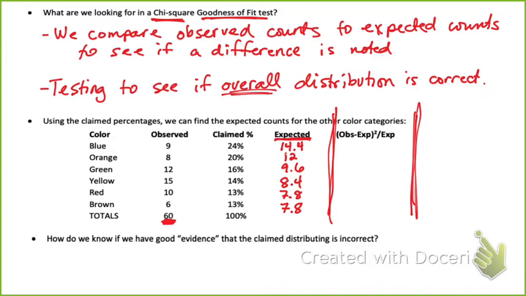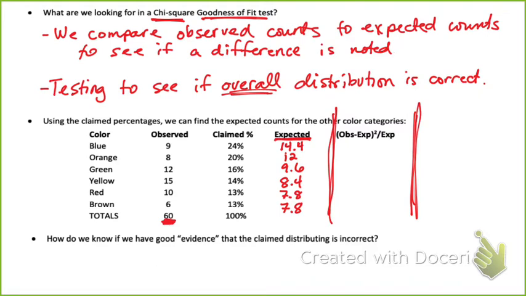If my observed value and my expected value are the same, let's say I had 10 of one color and I was supposed to get 10 of that color, what would this be? What is 10 minus 10? 0. What is 0 squared? 0. And 0 divided by anything is 0.